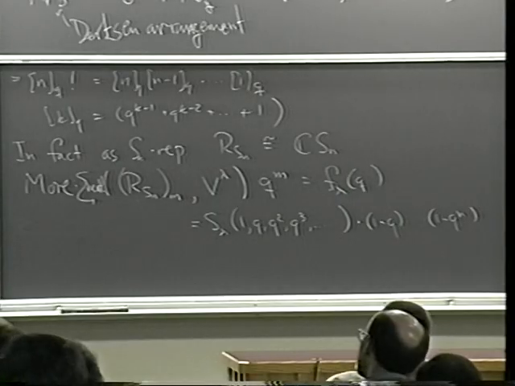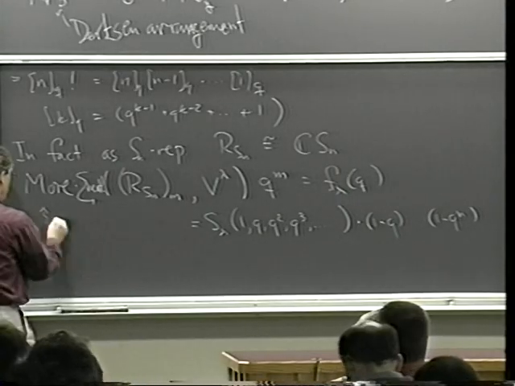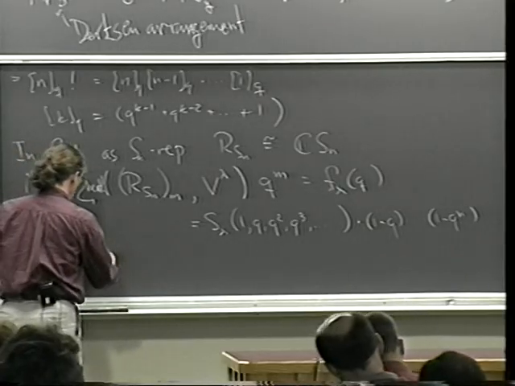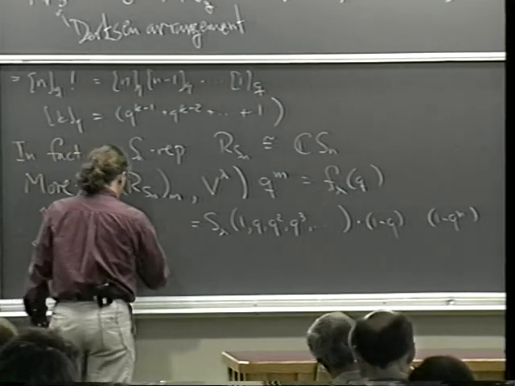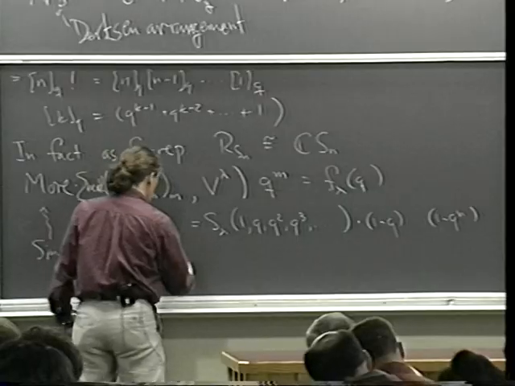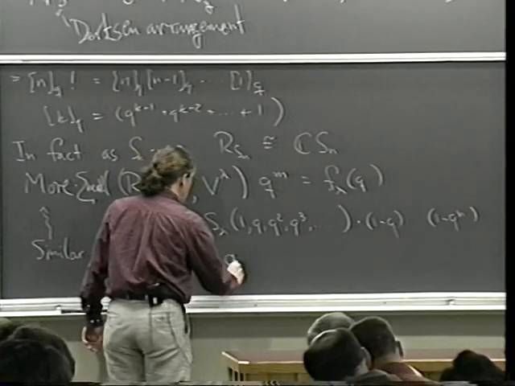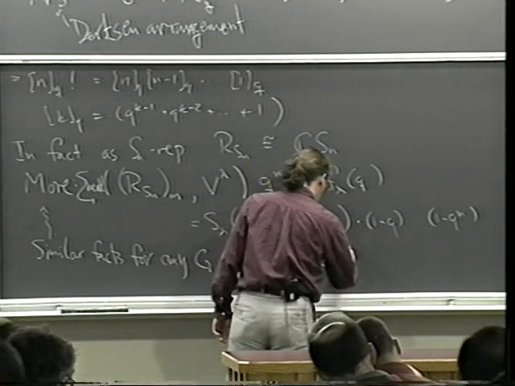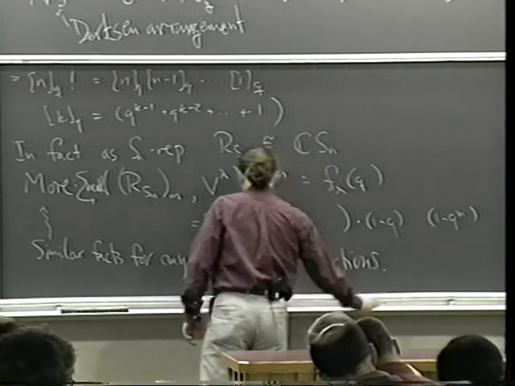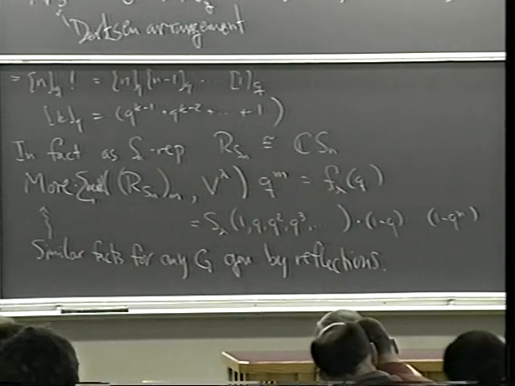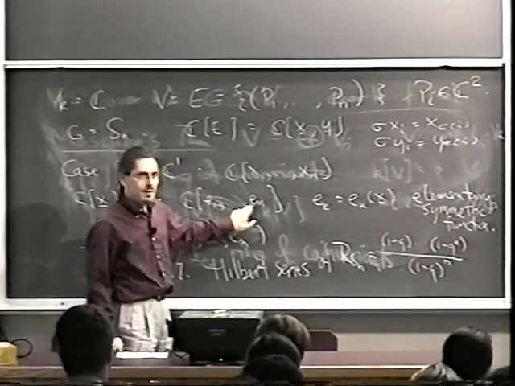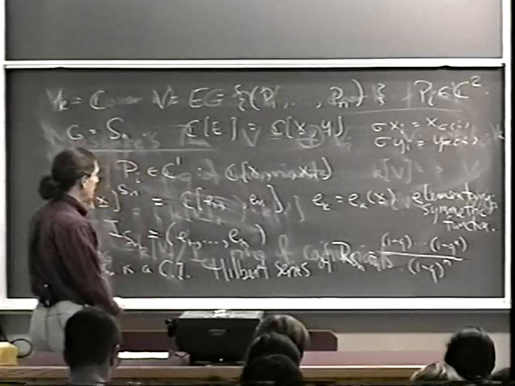And all these facts are true; there are similar facts for any G generated by reflections. Okay, so for any G generated by reflections, the ring of invariants is going to be generated by dimension of V elements.